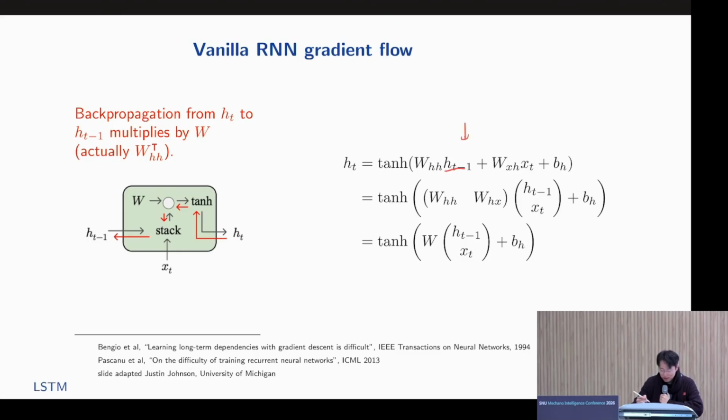You take the previous hidden state, current sequence input, multiply respective matrices, add in some bias, apply tanh. We can write this equivalently as a stacked input of previous hidden state and current input x_t applied by some matrix W plus some bias.